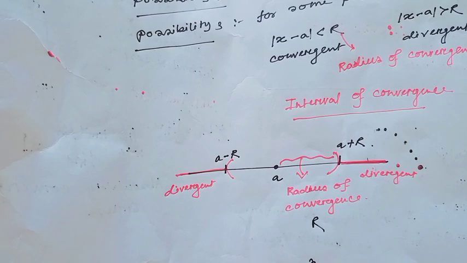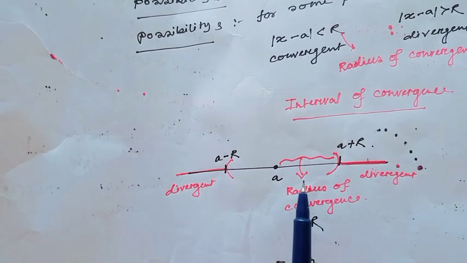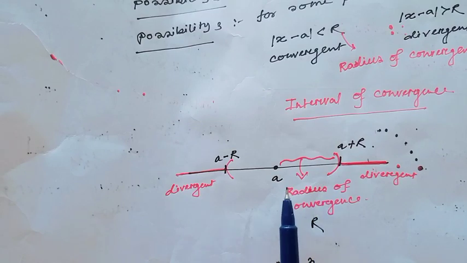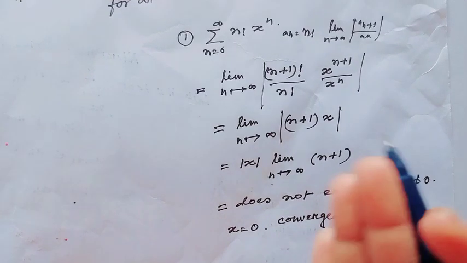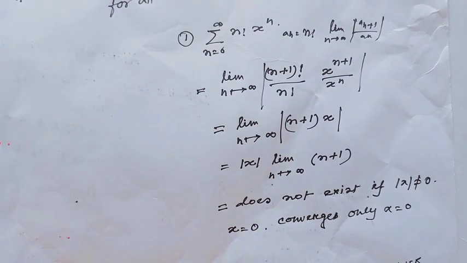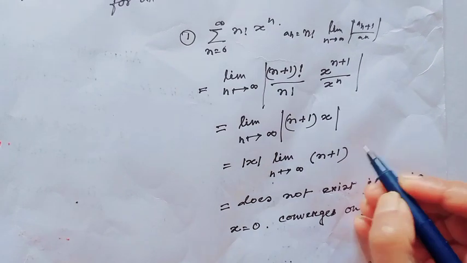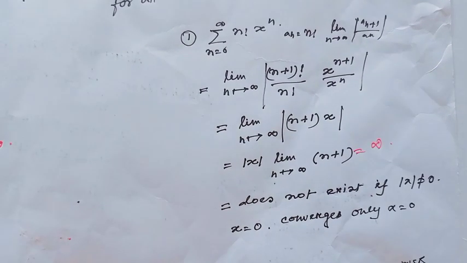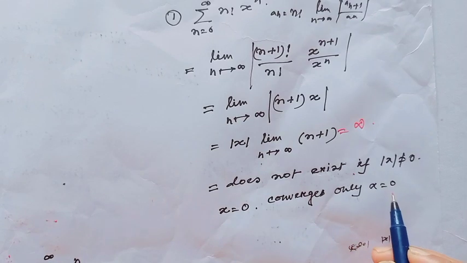Actually, we can think radius of convergence means a circle in one dimension. Here the center is a with radius r. Now let's come back to our previous example. Here I have seen the limiting value is infinity, and this series converges only when x equals 0.